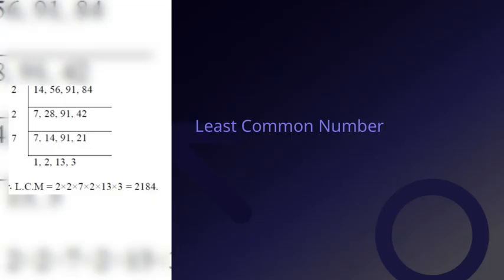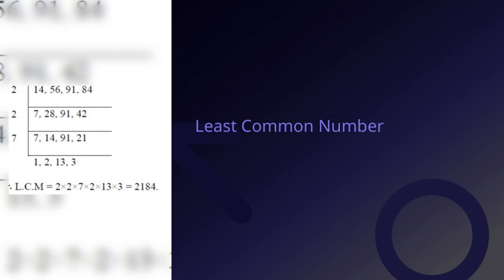Now, let's talk about the least common number. This concept is all about finding the smallest number that two or more numbers can divide into evenly. It's a key idea in understanding how different numbers relate to each other, especially when working with fractions, ratios, or scheduling. The least common number helps us synchronize things efficiently, like making sure events line up or simplifying calculations.